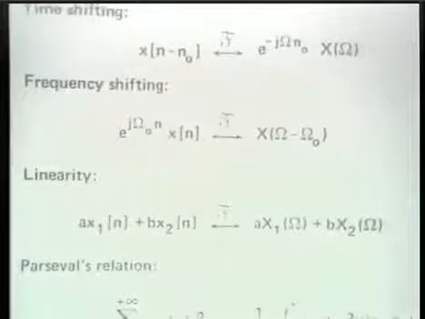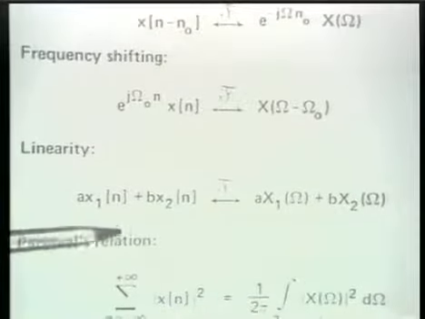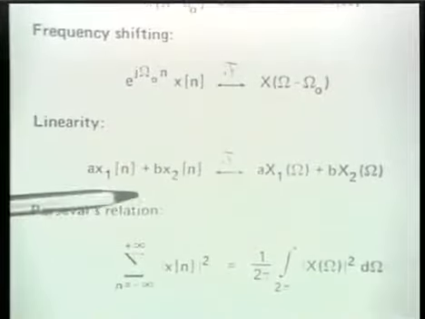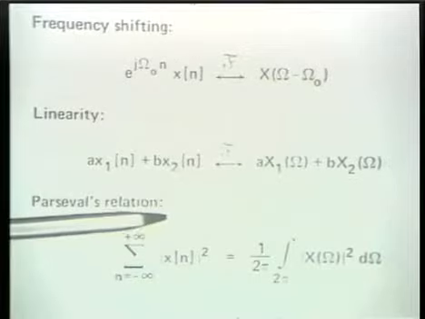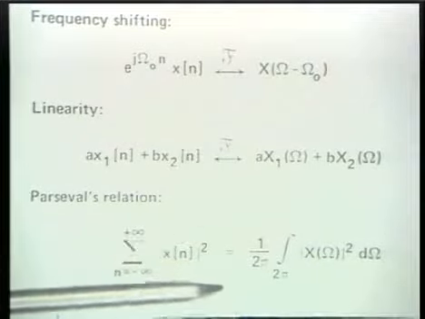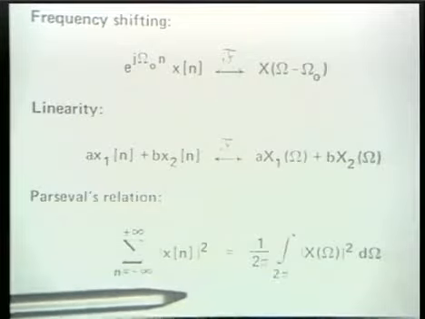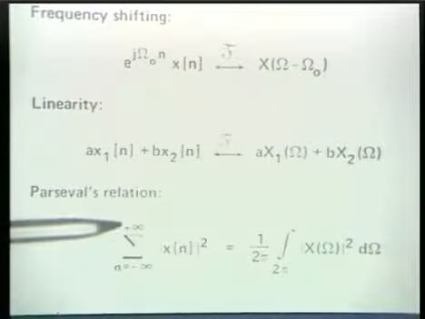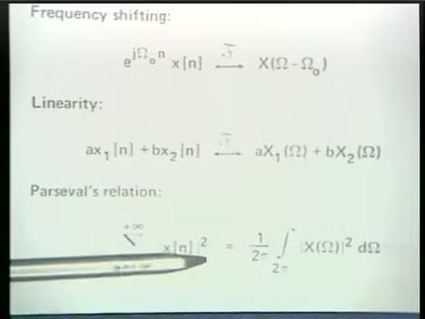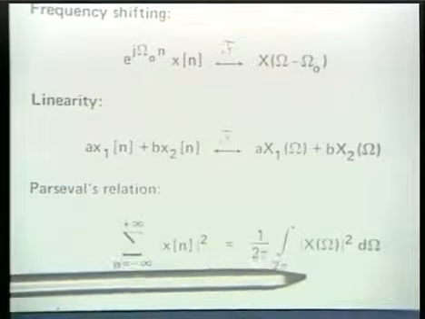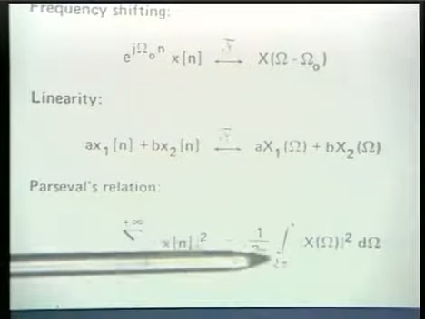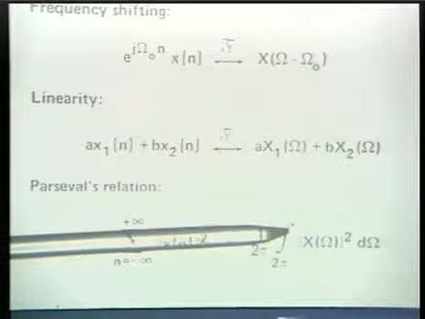And also, among other properties, there is a Parseval's relation for the discrete time case that in effect says something similar to continuous time, specifically that the energy in the sequence is proportional to the energy in the Fourier transform, the energy over one period.